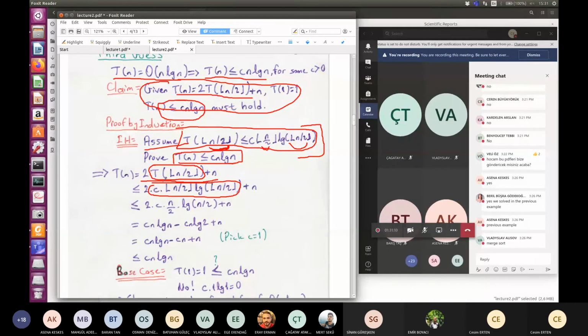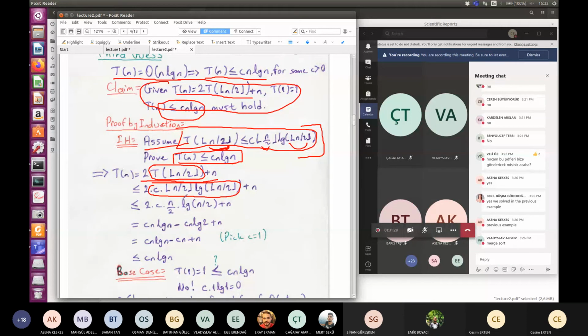Why can we replace it? Because of this inductive hypothesis that we make. We are assuming that T of n divided by 2 is smaller than or equal to C times n divided by 2 times log n divided by 2.